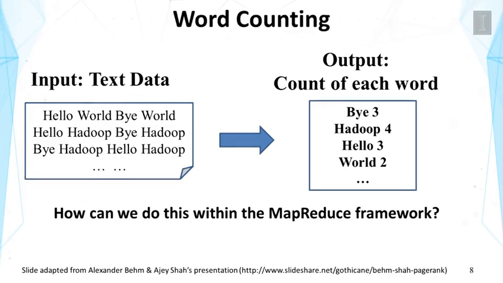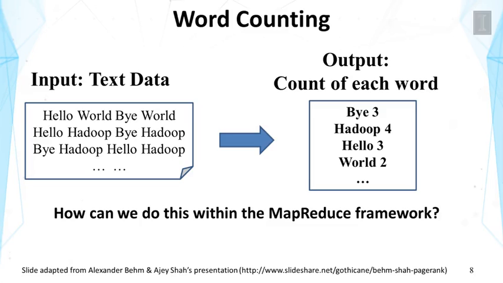So let's take a look at a simple example, and that's word counting. The input is files containing words, and the output that we want to generate is the number of occurrences of each word. So it's the word count. We know this kind of counting would be useful to, for example, assess the popularity of a word in a large collection, and this is useful for achieving an effect of IDF weighting for search.